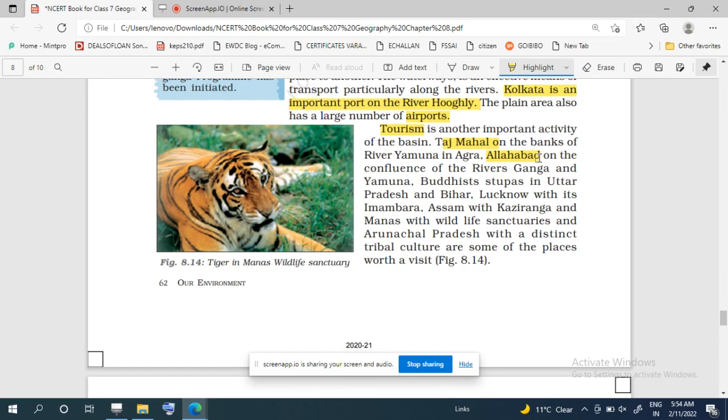And then we see that in UP and Bihar, Buddhist stupas are also there, which are very famous among the people. They come to visit these places. And Lucknow is also famous for the Imam Bada. And Assam is famous for its one horned rhinoceros, which is found in Kaziranga.